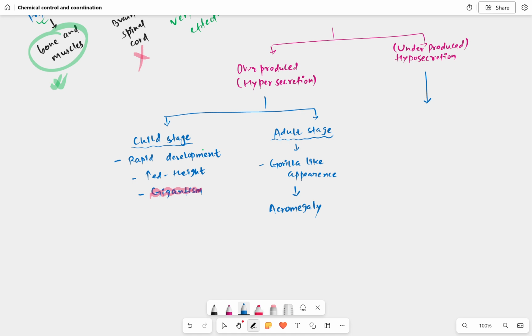But in the child stage, if growth hormone is underproduced, normal growth is obstructed.